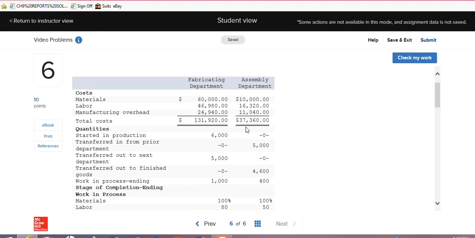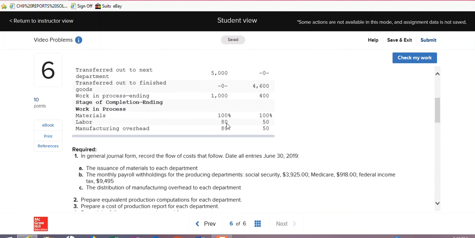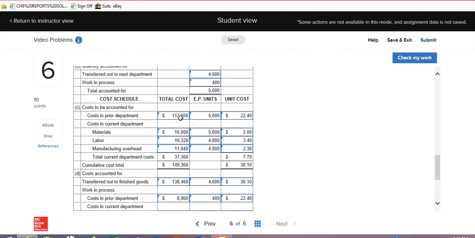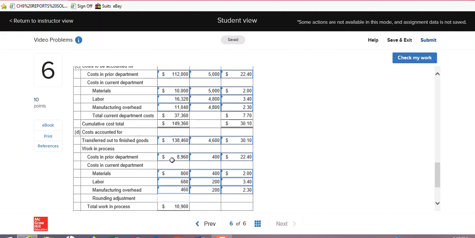Our total costs were $37,360, plus the $112,000 that we transferred in.